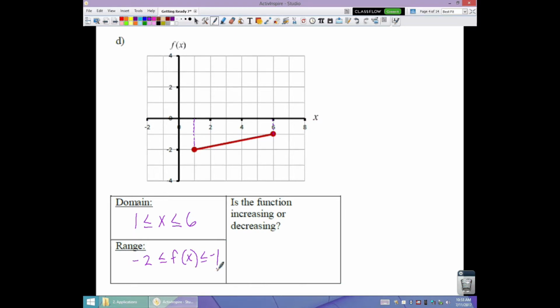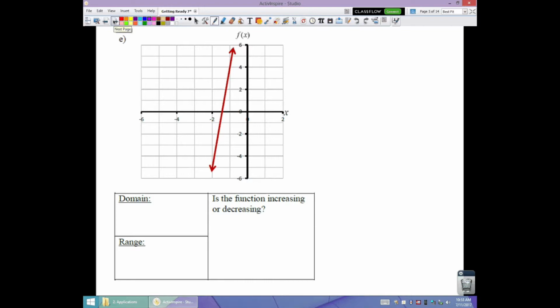And again, from left to right, we're increasing. E, arrows on both ends of this line say it goes left and right forever, it goes up and down forever. So domain all real numbers, range all real numbers. From left to right, it is going up, so it is increasing.